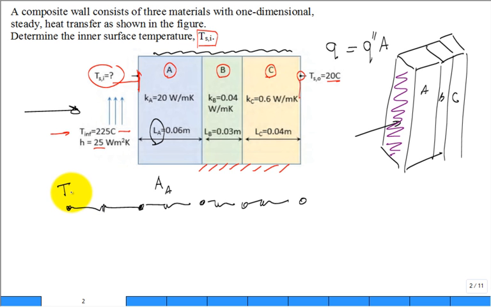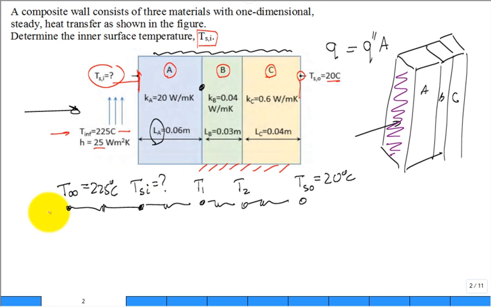So this is the temperature T infinity on the inside, or just T infinity of the fluid. We don't really have a T infinity outside. This is the unknown temperature T_s,i inside. I'm trying to calculate that. Maybe we call this the temperature at location 1, temperature at location 2, and then this is the temperature at the surface on the outside, and that's given to be 20 degrees C, and that's given to be 225 degrees C. And this is the one we're trying to calculate.